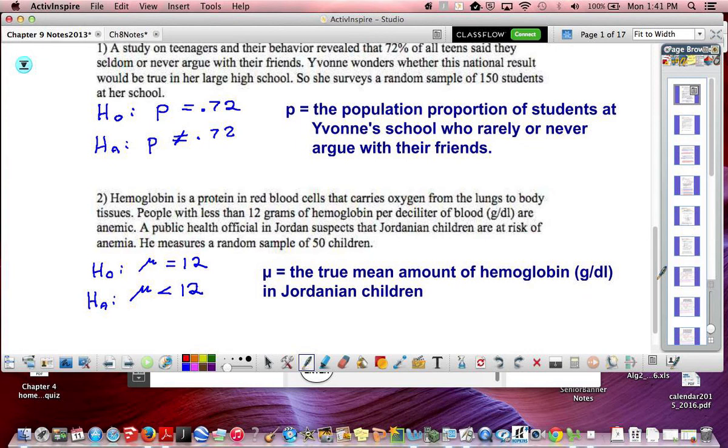Nicole. Yeah. The null hypothesis is making the assumption that nothing is wrong. So if the hemoglobin level is at 12, they don't have anemia, right? So we assume nothing's wrong. The alternative is we're going to try to show evidence.